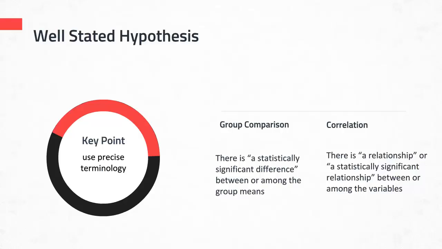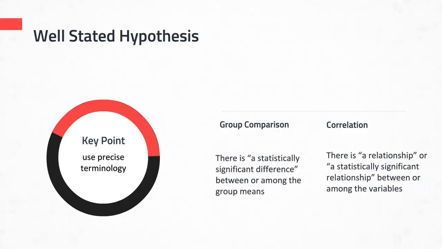So for example, if a null hypothesis states that there is no significant difference or no statistically significant difference between group means, then it is likely that the researcher, you, are planning to do a group comparison study. So by the use of the word difference, you're implying a group comparison study.